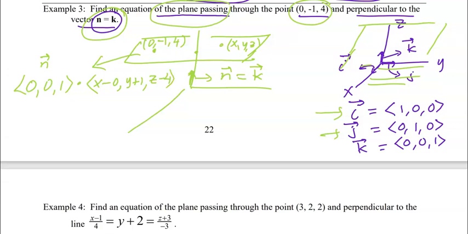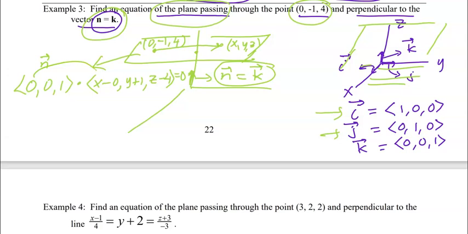That is a vector on the plane, and it is perpendicular to the n vector, as given in the question. So the dot product should be 0.